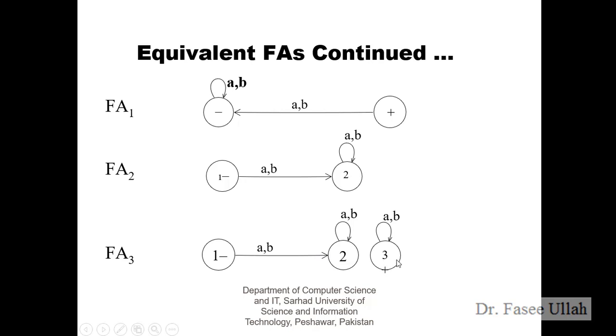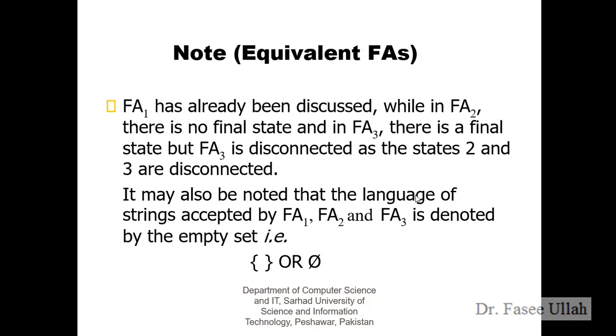But the problem here is that we do not have a connection between 2 and 3. So in other words these are equivalent, but sometimes it does not provide the final state or final solution, right? So this is also possible in finite automata, which we call an NP problem, right? We already know about NP problems, which are not solvable by one mechanism or by one pattern. This is the explanation of the previous slides.